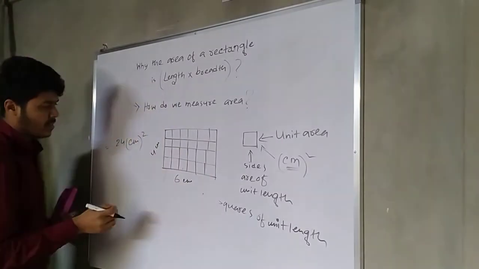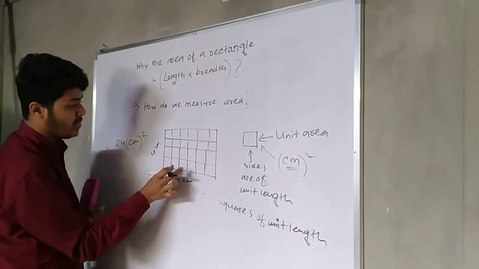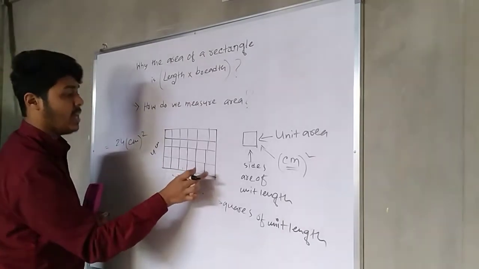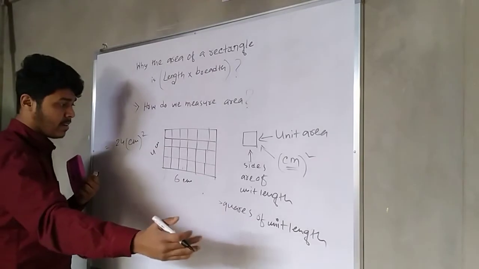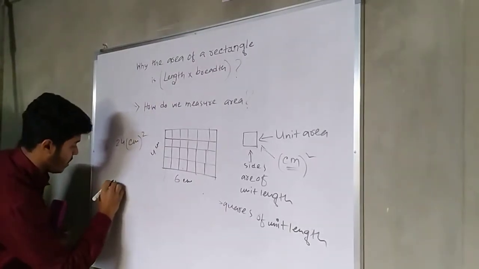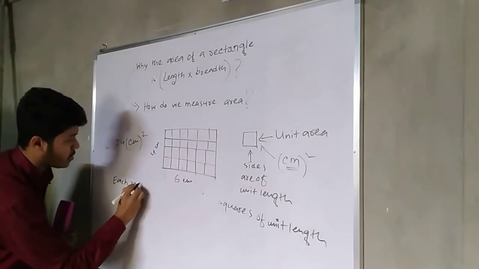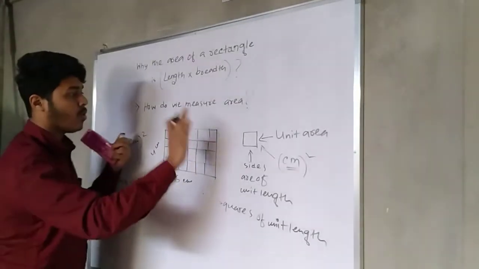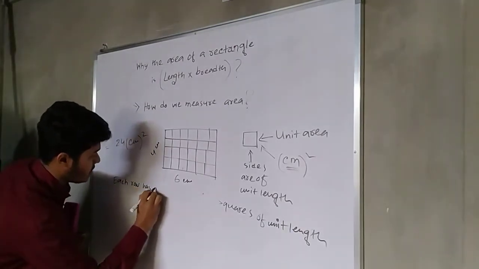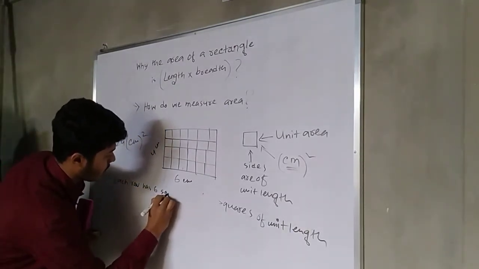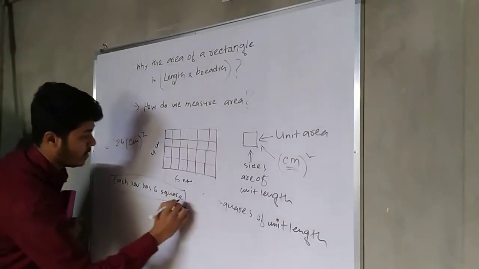So 6 centimeter means that I can fit 1, 2, 3, 4, 5, 6 squares side by side. So there are 4 rows, and each row has 6 squares. This information is actually my length.